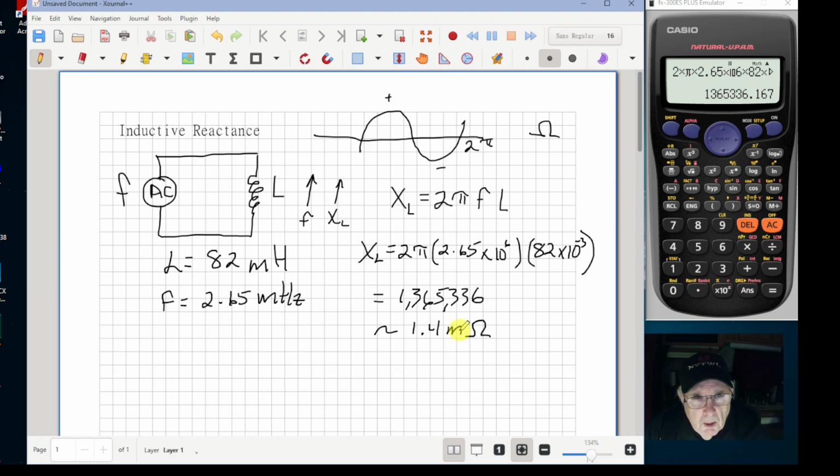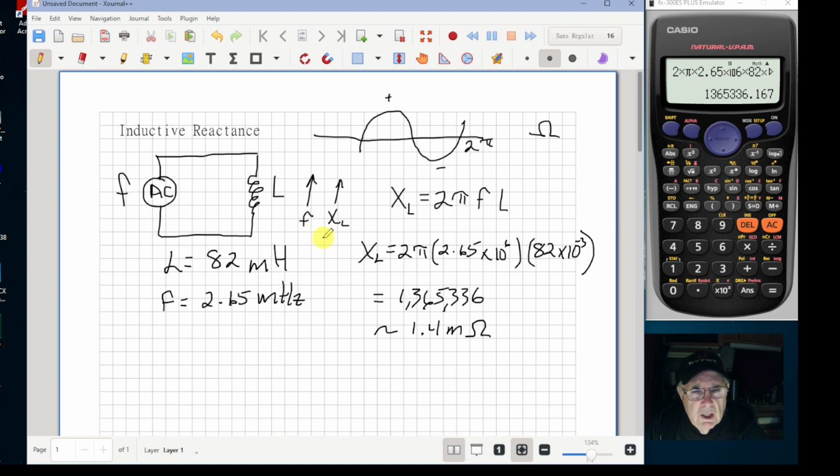That's a considerable amount of resistance. Okay, great. So there's a calculation then, finding out what the inductive reactance is at a particular frequency.